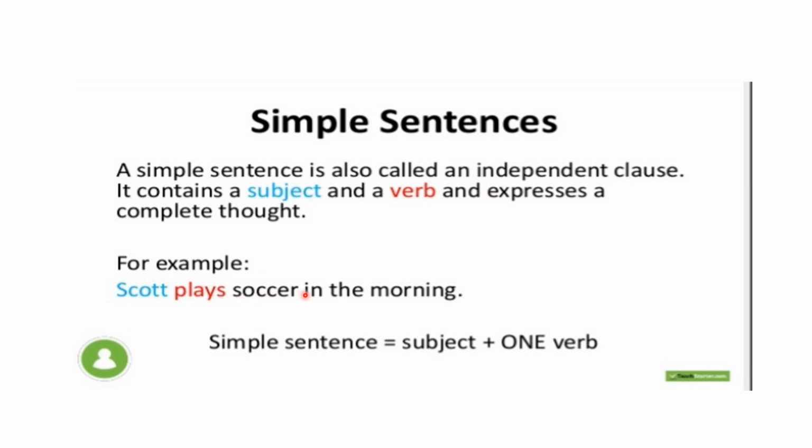Scott plays soccer in the morning. This is a simple sentence. It has one subject and one verb. Therefore, it is a simple sentence. It is an independent clause, or it has one clause. There is a subject and a verb.